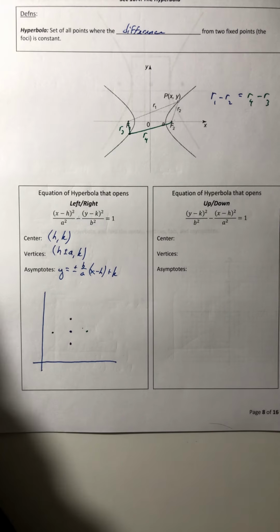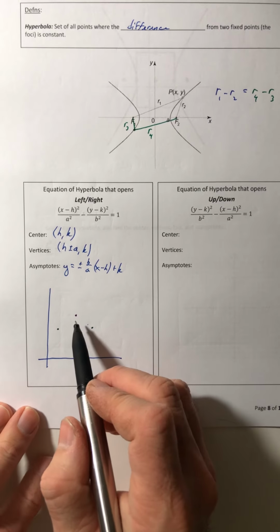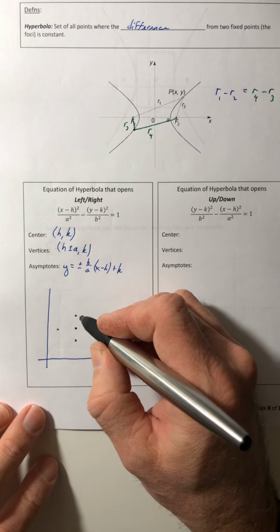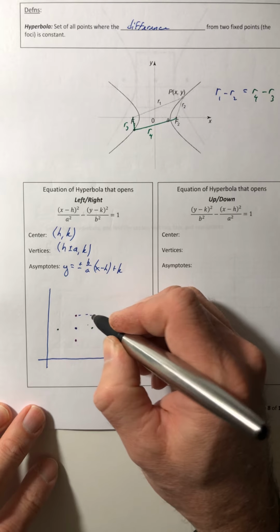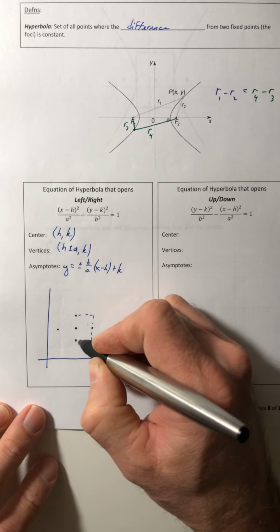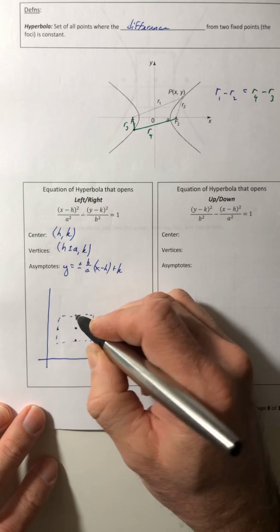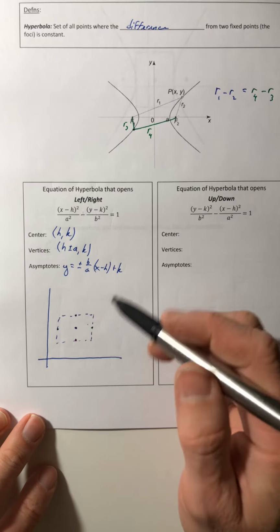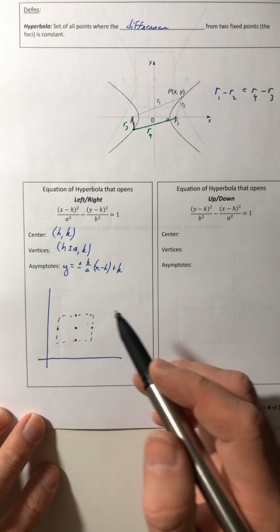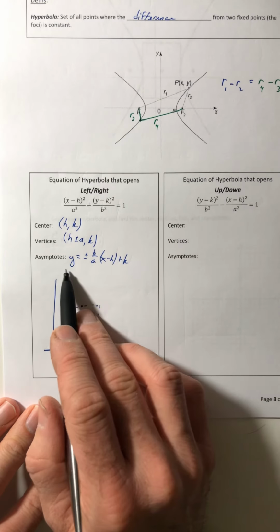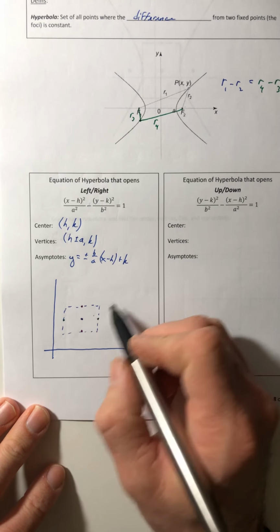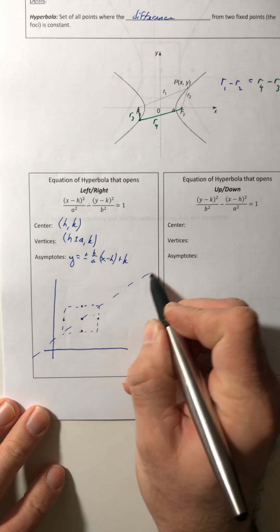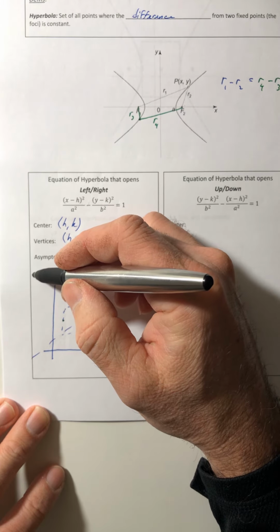Instead of drawing an oval around them, because that would be an ellipse, you draw a box with dashed lines. This frames up where the hyperbola is going to go, because your asymptotes go from corner to corner in the box.